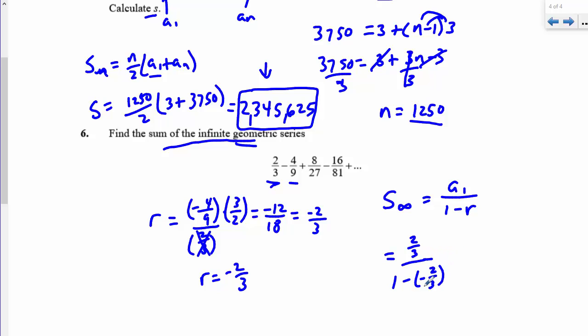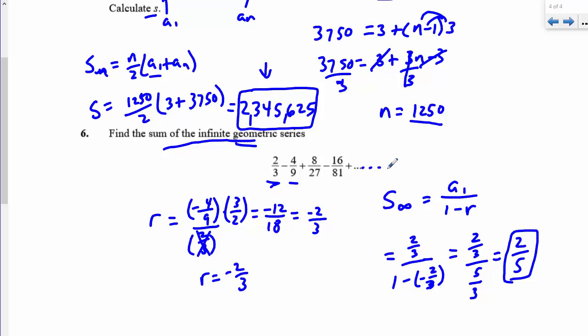What this gives me is 2/3 over 3 over 3 plus 2 over 3, which is 5 over 3. And then when I multiply by the reciprocal of that, it's going to end up giving me 2/5. So this is the sum of the infinite geometric series.